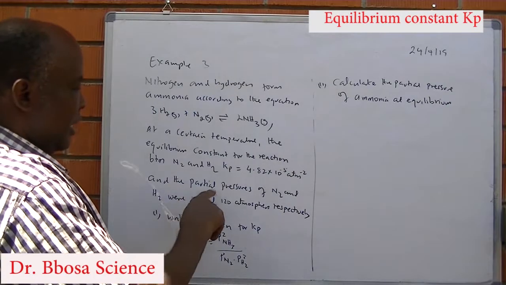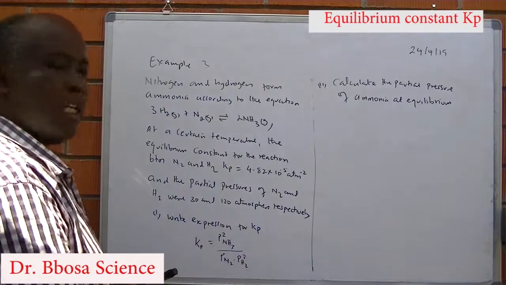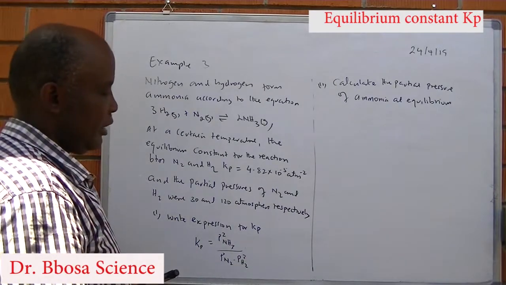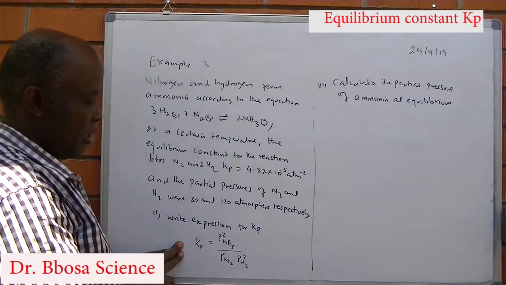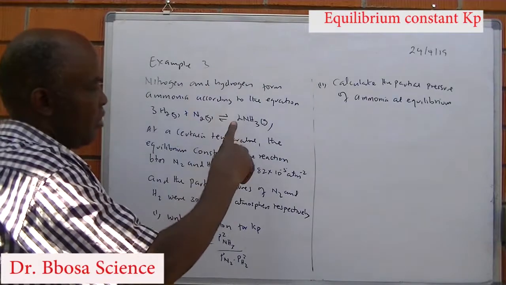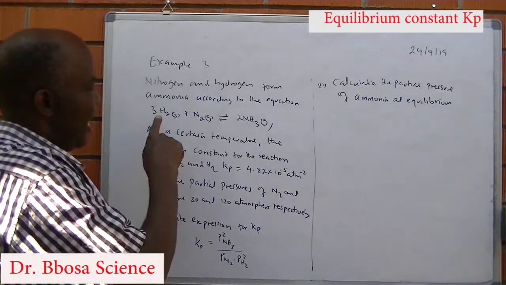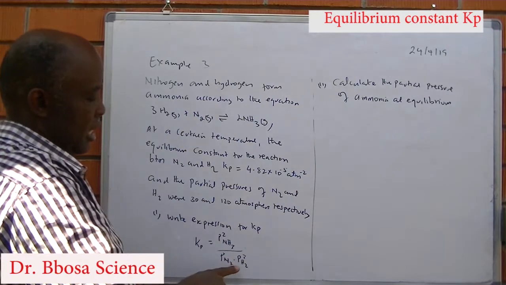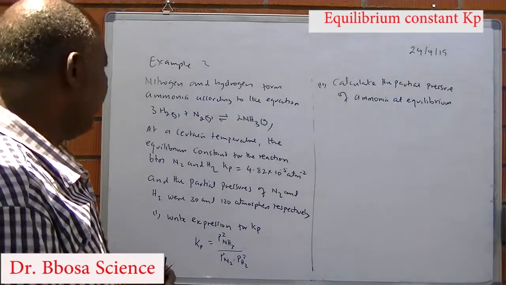The partial pressures of nitrogen and hydrogen were 30 and 120 atmospheres respectively. 1. Write the expression for Kp. Kp is equal to partial pressure of ammonia raised to power 2 over partial pressure of nitrogen times the partial pressure of hydrogen to power 3.